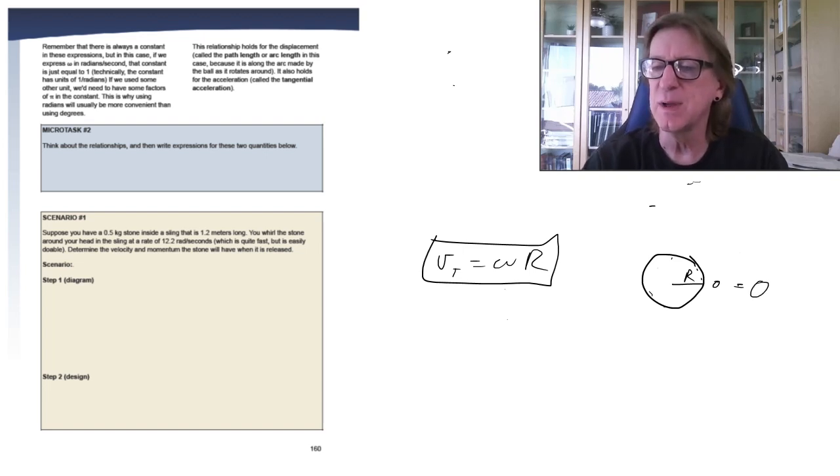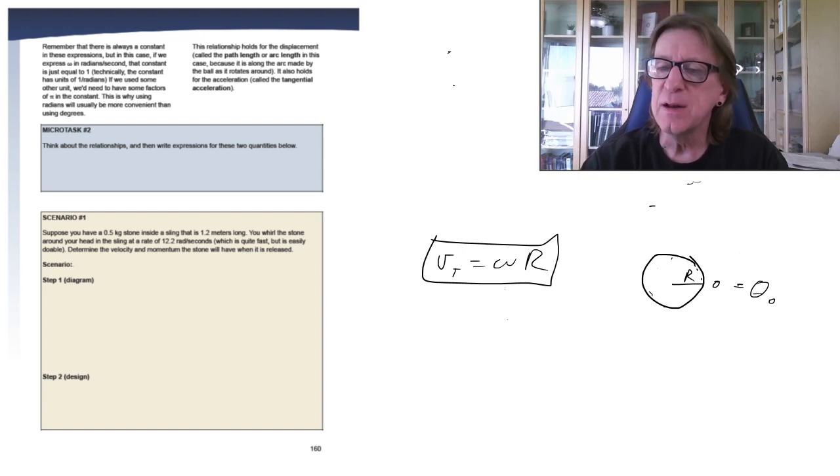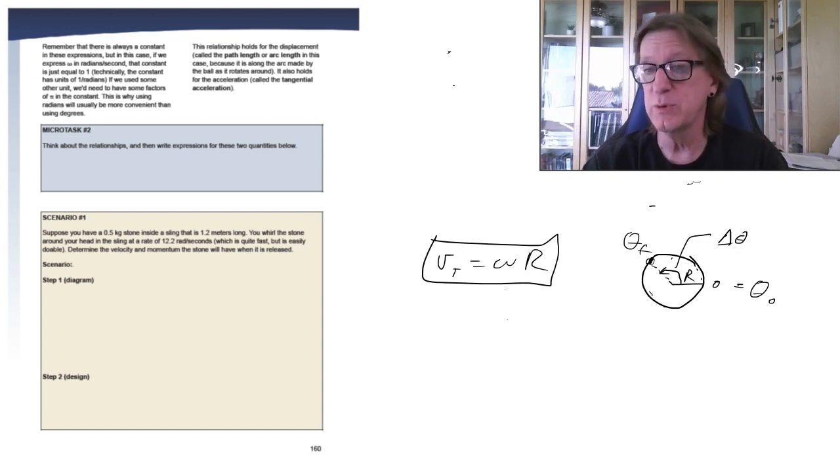So this might be theta 0, but it might be equal to 0 radians. And then let's say that I travel over here. Well, I have turned through a certain delta theta. And we learned this when we were doing our kinematics equations. For rotational kinematics, this is the angle that I turn through. And this is equal to theta f minus theta o.